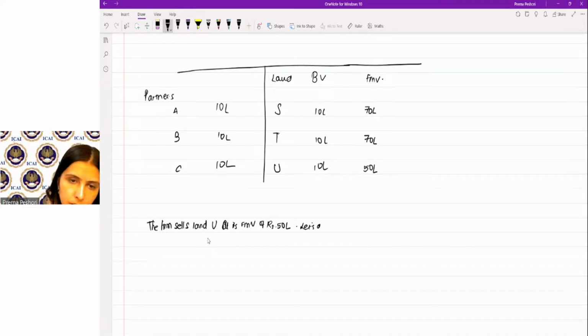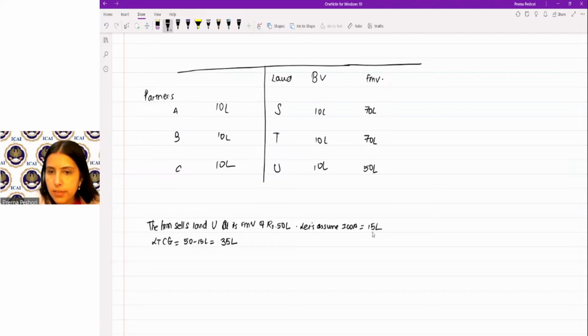Let's assume indexed cost of acquisition is 15 lakh. So let's say long-term capital gain will be 50 minus 15 lakh, 35 lakh. Right? The long-term capital gain is 35 lakh.